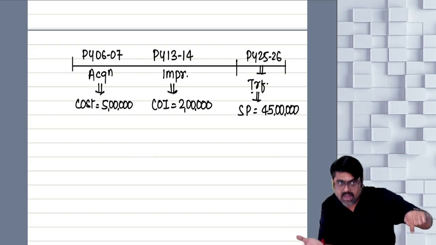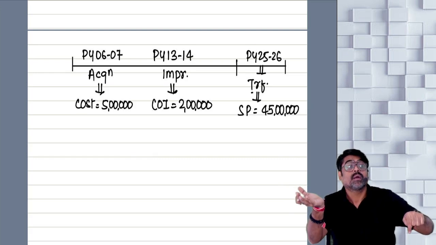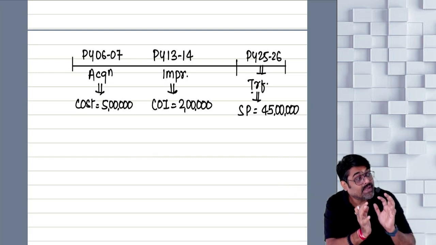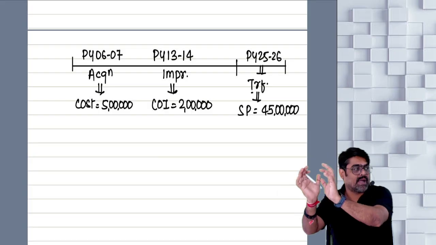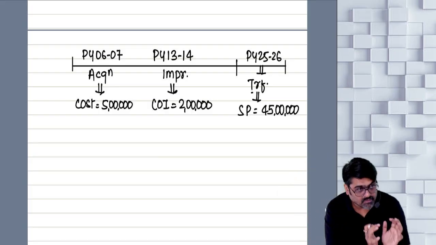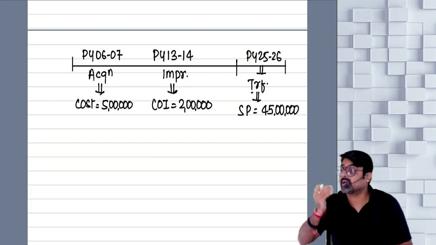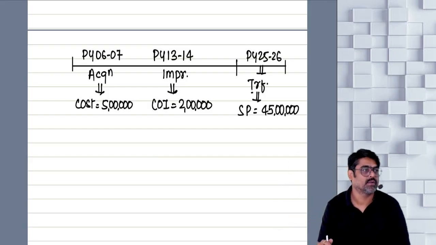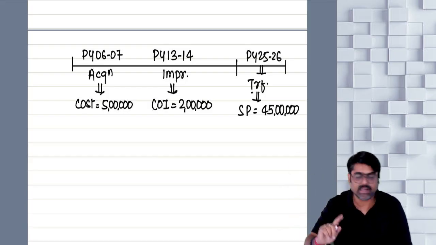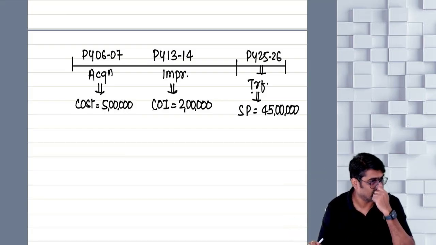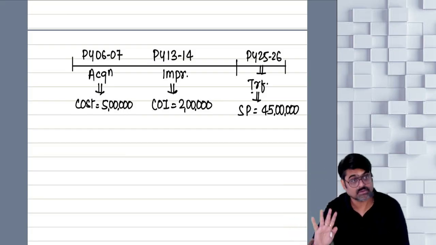The value of the property has increased because of incurring this expenditure. So take the deduction for this also. Understood or not?